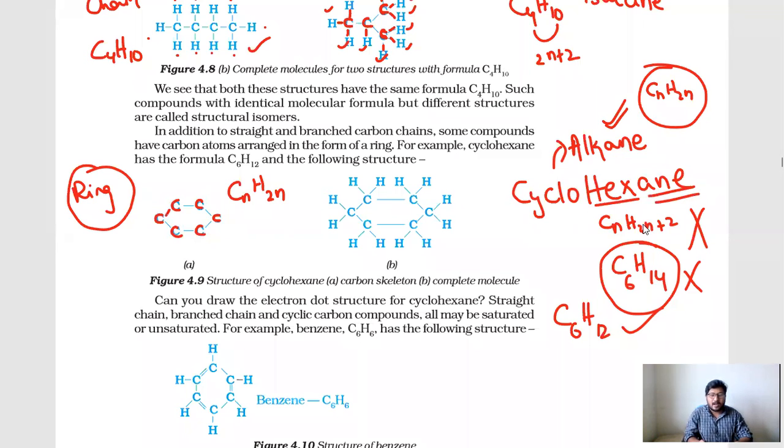Ane means alkane, saturated, single bond. Between carbons you have to go with all single bonds. Now you see carbons I have mentioned 1, 2, 3, 4, 5, 6, and valency should be satisfied, right? For each carbon, what is the valency? 4. So if you observe this carbon, already one bond, two bonds are there.